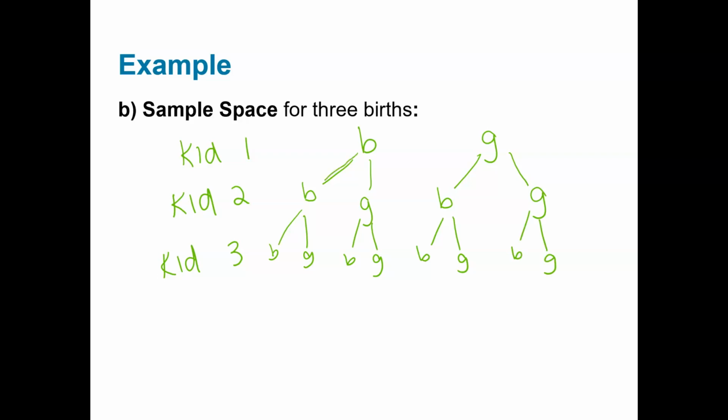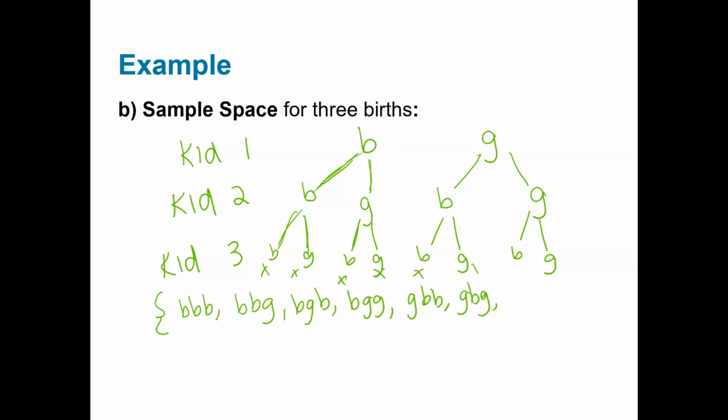One of the options would be boy, boy, boy. Another would be boy, boy, girl. Another would be boy, girl, boy. And hopefully you kind of see how I'm getting these: boy, girl, girl. Then over here would be girl, boy, boy. And then girl, boy, girl.